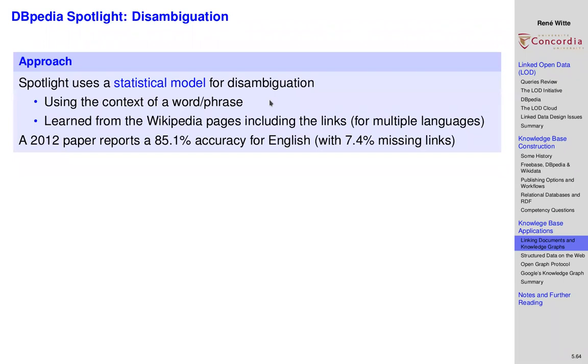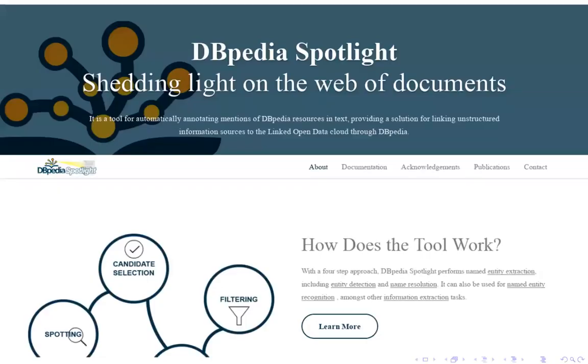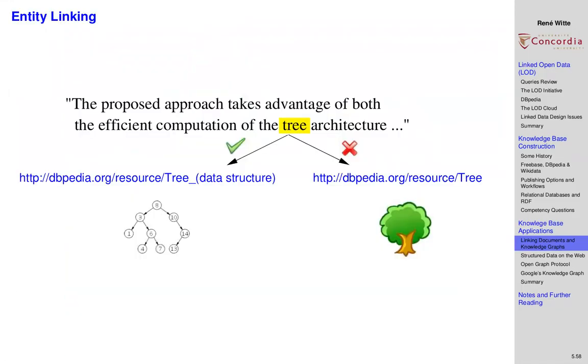The model that you use when you use this online demo is a statistical model. Basically, it looks at the context of a word. Let's look at this example we had here. So it looks at the surroundings of the word, and then it builds a statistical model of which entry is more likely to appear in this given context.